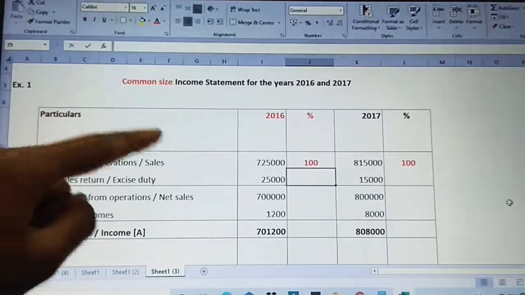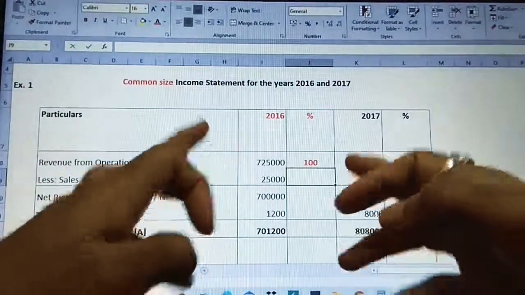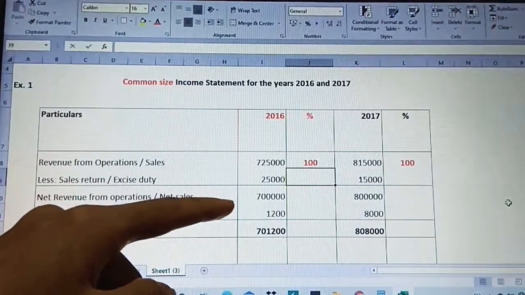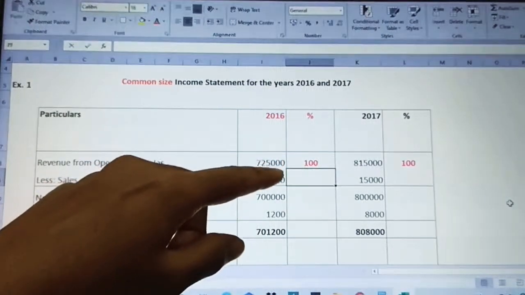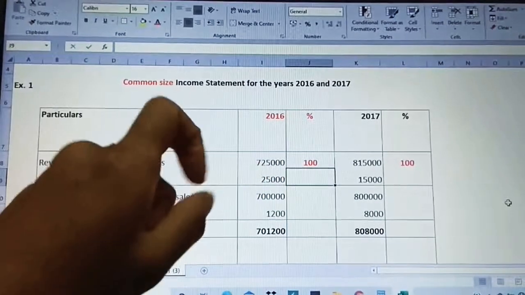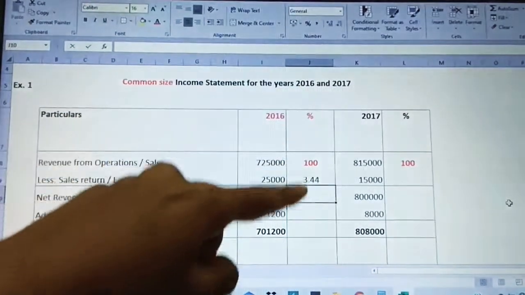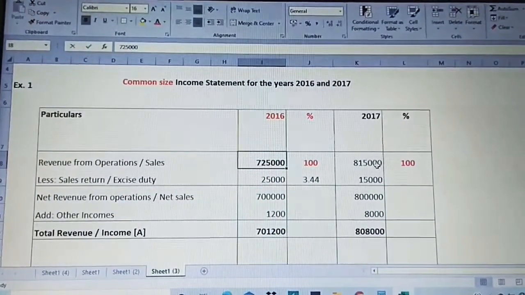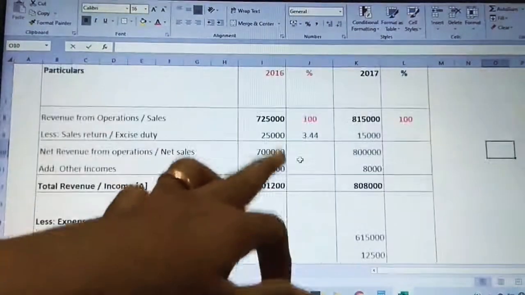Now moving on, going for 2016, concentrate only on the first year. So 25,000 divided by 7,25,000. This 7,25,000 will be the base as the denominator for dividing, giving 3.44 percent. This will be the base for all the complete 2016 items, and for 2017 its own base will be used for each and every item.